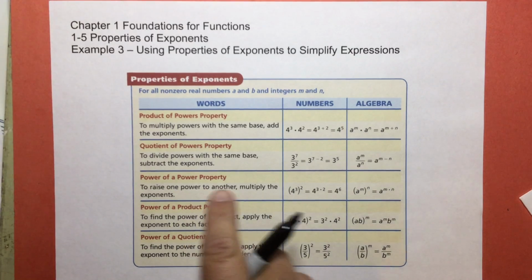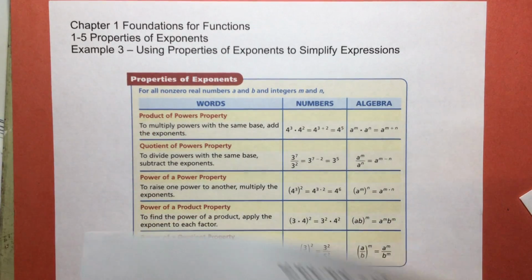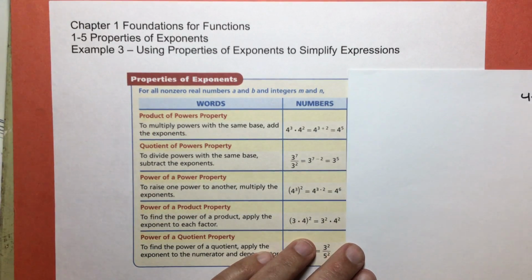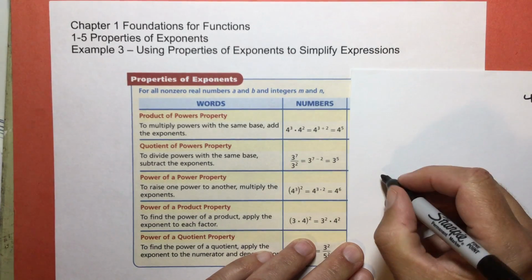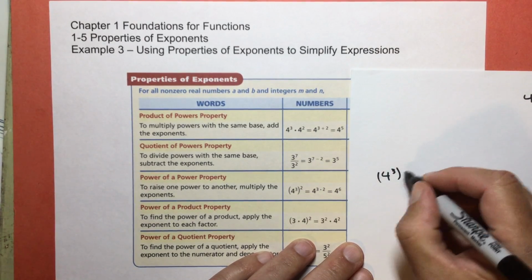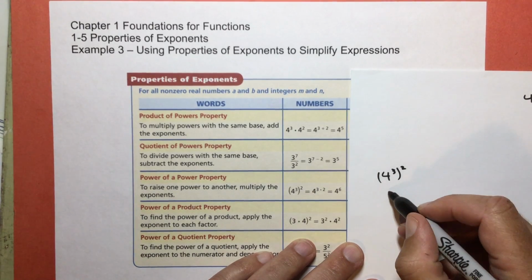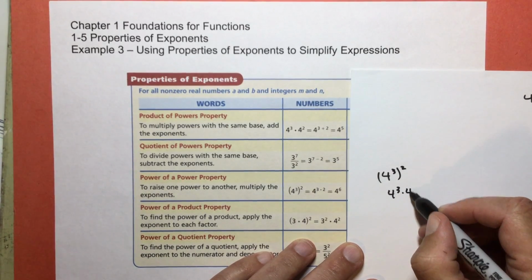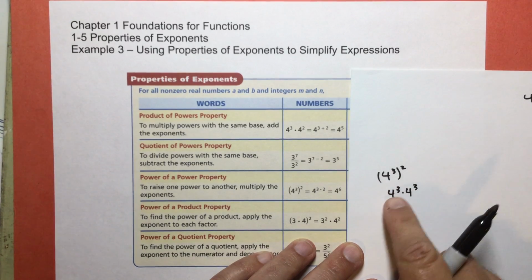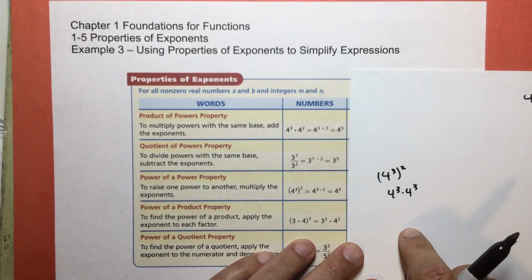The power of a power property, hopefully I got some room on this, I'll do it this way. For this example, if I said 4 to the third raised to the second power, that means 4 to the third times 4 to the third, because to the second power means I'm going to multiply it by itself.